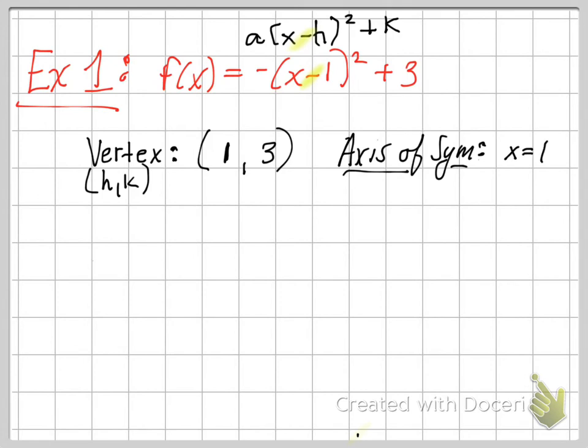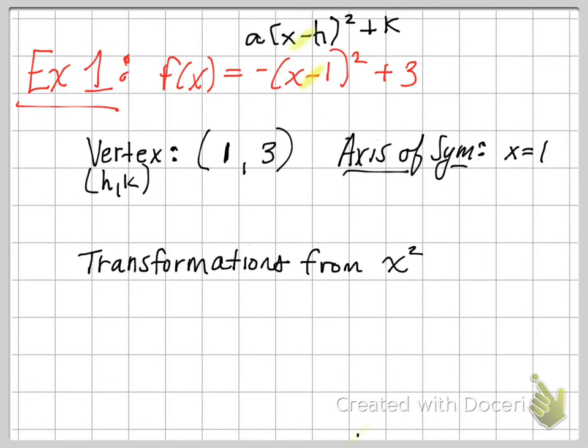Okay? The last thing I can easily do is describe the transformations that I think have taken place from x squared. Okay, so in this one, there are 3 different things that I have to think about. I have to think about the a, the h, and the k. So in this situation, my a value is negative.